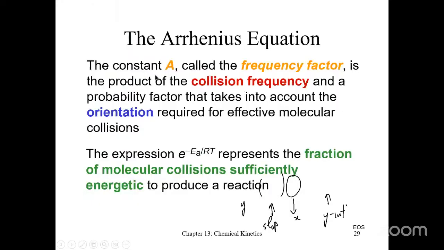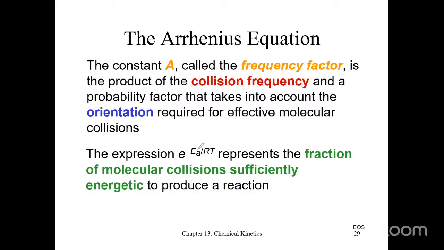Let me say something about the collision factor A, also known as the frequency factor. It takes into account two things: the frequency of collision and the correct orientation of the molecules while they collide.